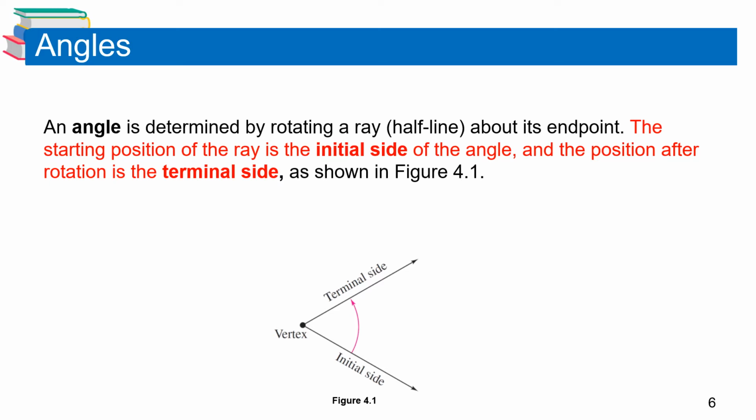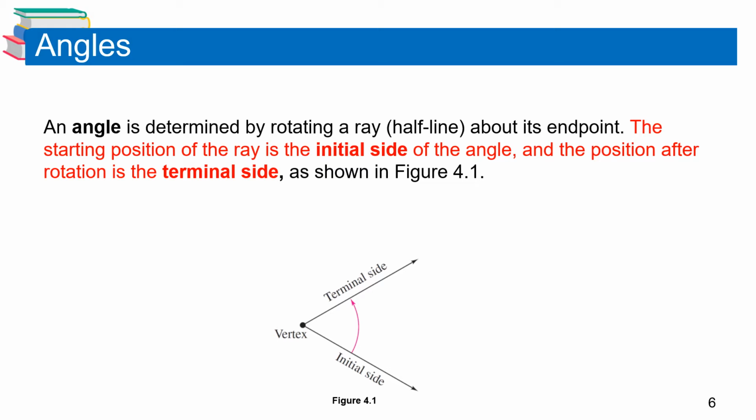Let's first learn about angles. When we take a ray from a fixed point and rotate that ray, the angle is the measurement of how it is rotating from a fixed point.